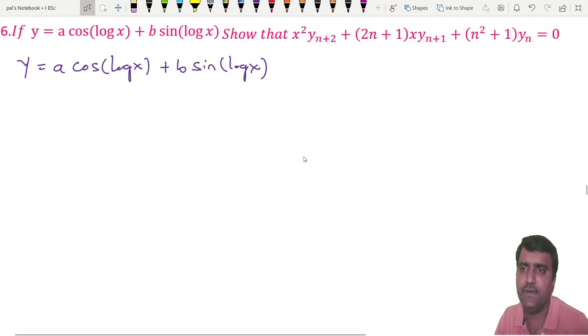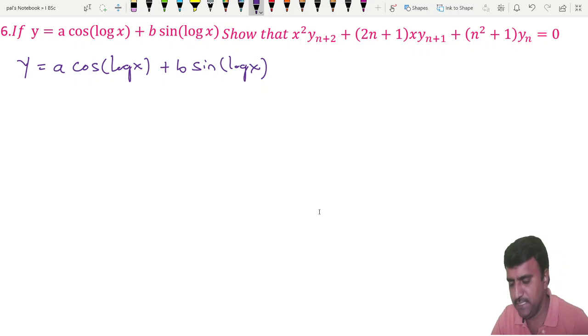This is the given function y. Okay, so we need to find y n plus 2. That means the term y n plus 2 is obtained by taking nth differentiation of y2. So first we need to find y2, and then apply nth differentiation to it.